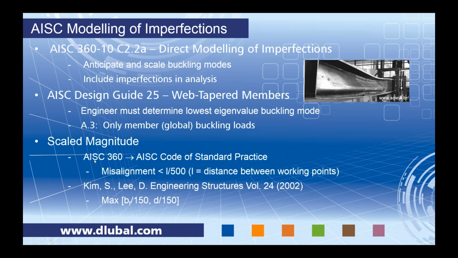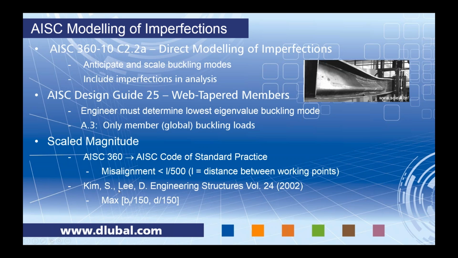When we take a look at the AISC 360 on how to scale these, it references the AISC Code of Standard Practice. The Code of Standard Practice tells us that misalignment must be less than L over 500. And L is not the distance of, say, our simply supported beam or beam length. It's actually the distance between working points. We'll get into this in just a minute.